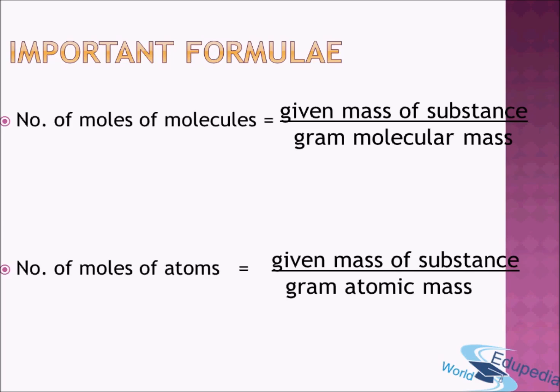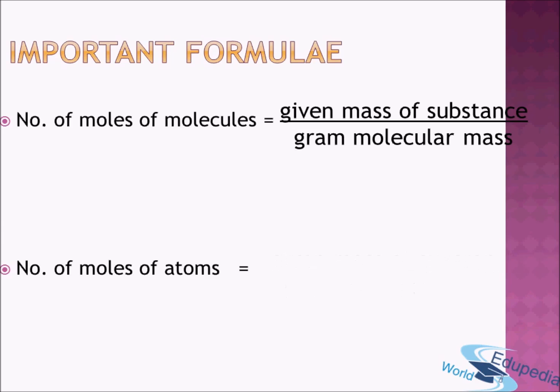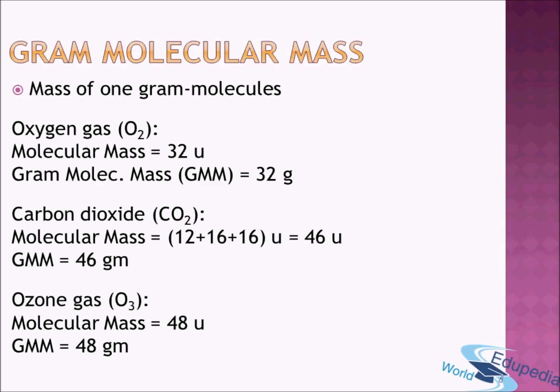Okay, so that is one aspect. Another aspect is that in a lot of textbooks and in a lot of places you will find that the unit of gram molecular mass and gram atomic mass is not gram, it is actually gram per mole. If you look at our slides, when we talk about gram molecular mass or gram atomic mass, we have written it in the form of gram, because I have inherently told you that gram molecular mass always refers to 1 mole of entities.